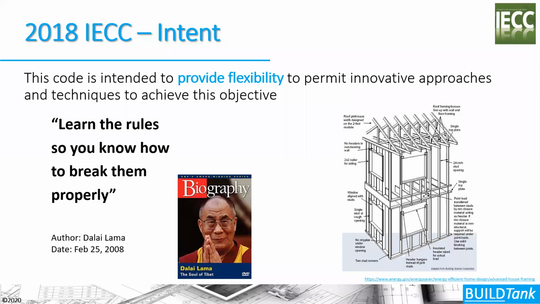So I really urge you to spend some time with the code book, or with some third-party code consultants that can help you find that flexibility and use the trade-offs that are in the code that I'll be showing you later on to be able to build the houses that you want to build and also create them efficiently.